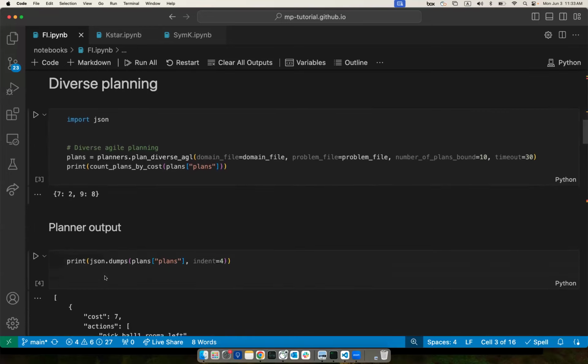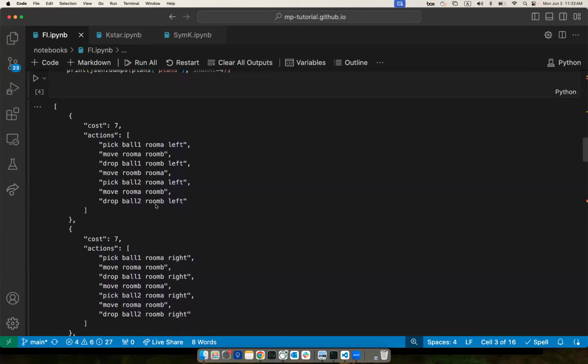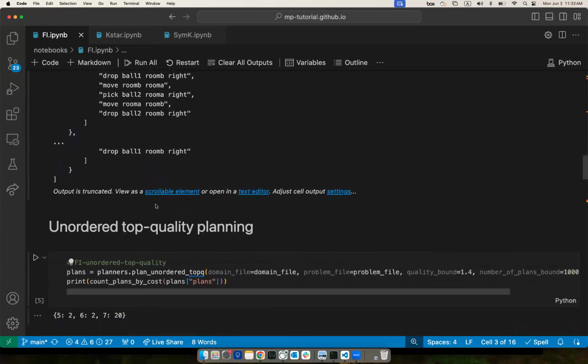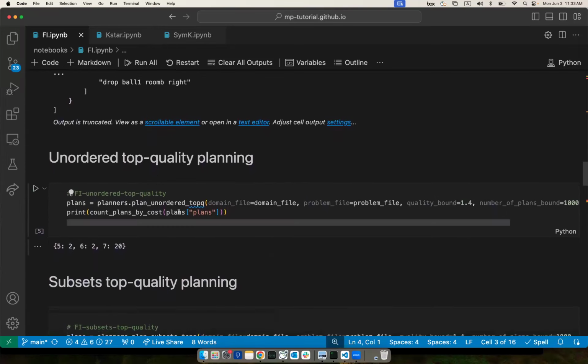And let's look at the planner output. Here you can see the 2 plans with cost 7. It's pick up and move, drop, move, pick up, move, drop, and so on. But if you, for example, want unordered top-quality planning, you can call a different function from the planner, plan unordered top PQ, and let's see what's written in there.